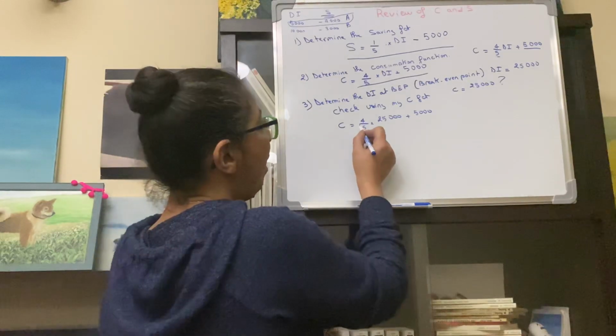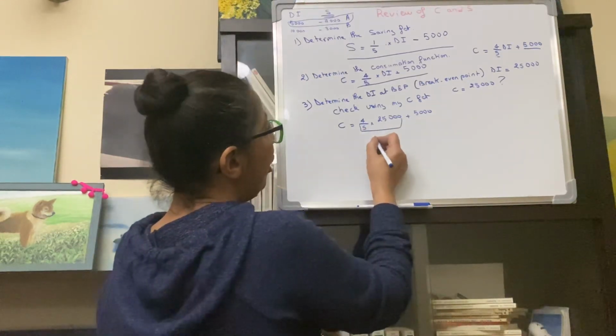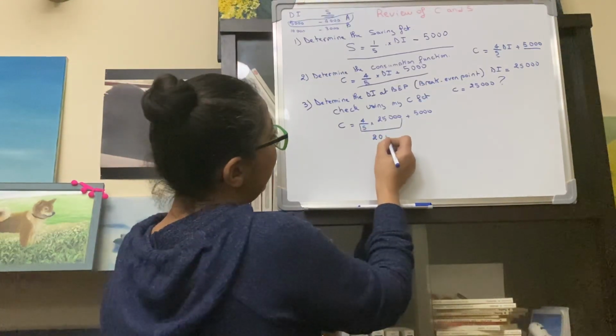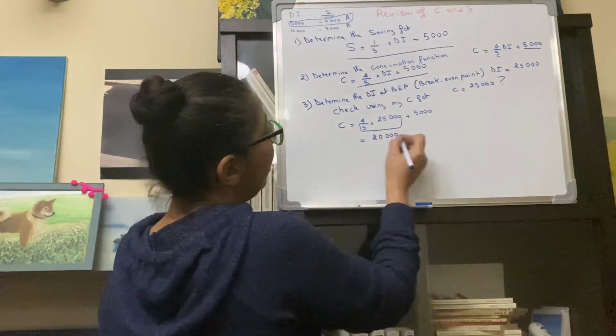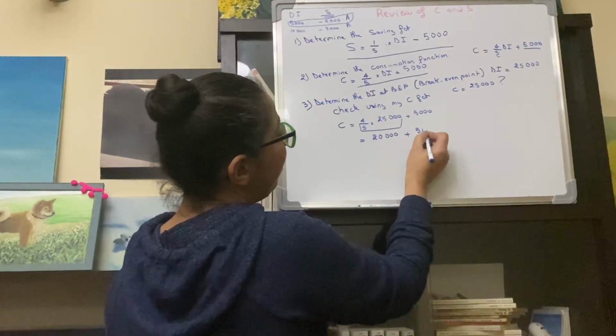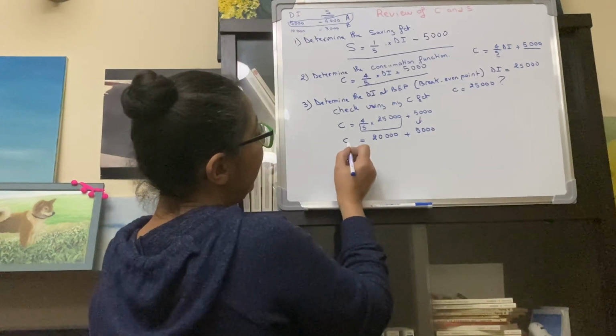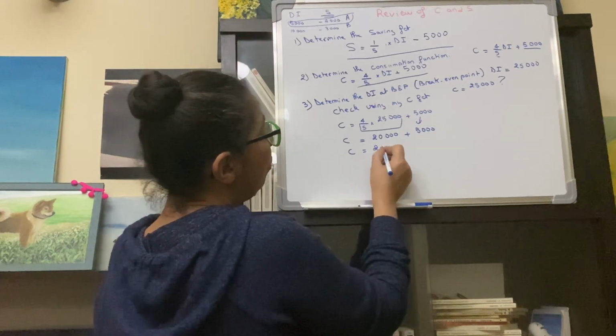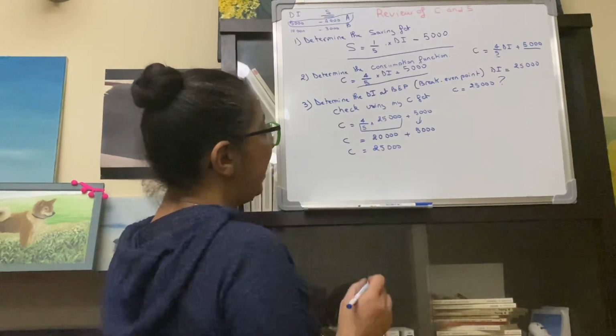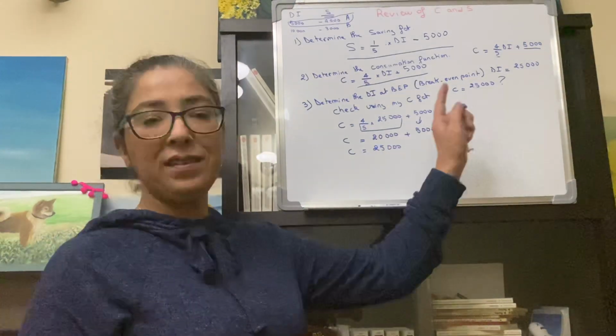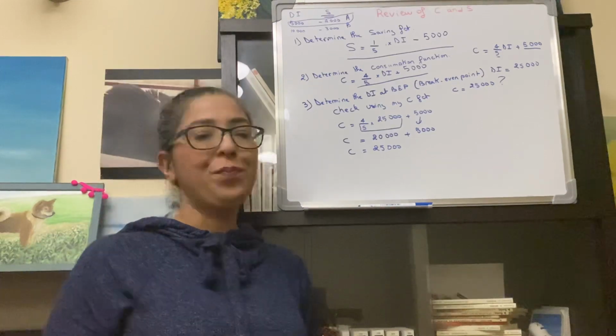So the result of this one is 20,000 plus 5,000, our B. So my C is equal to 25,000. Yeah, it's correct. Same number.